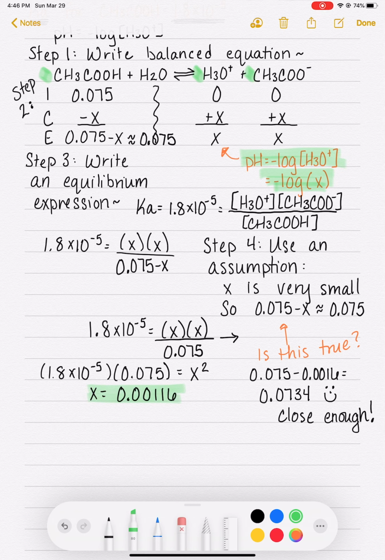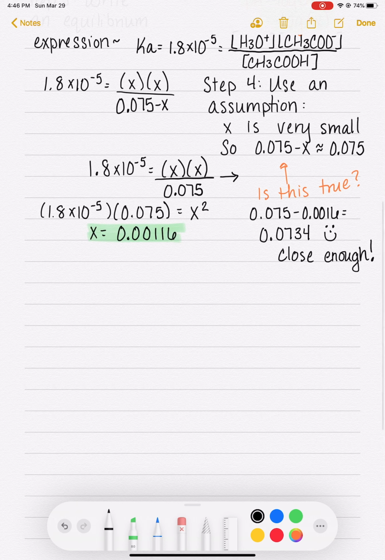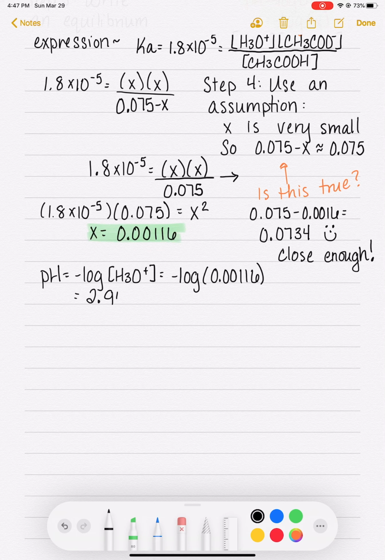The value of X is the value of the H3O+. pH is the negative log of 0.00116, and that works out to be 2.94.